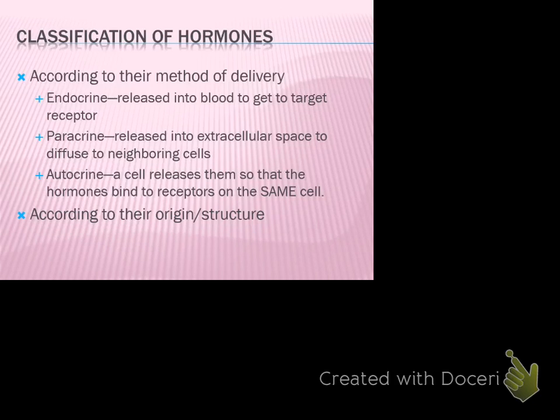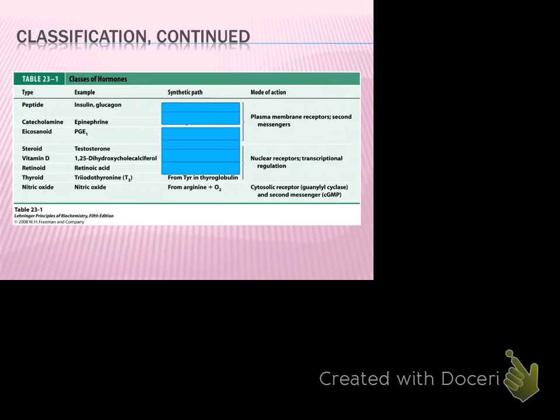So I do expect you to know these classes of hormones. Some of these, I didn't hide just because we don't go into a lot of detail with them in this chapter, and also you may not have had a lot of experience with them so far. Those are the thyroid hormones and the nitric oxide hormones.